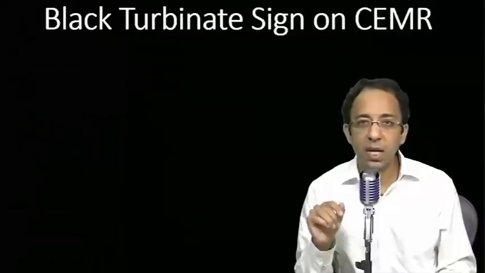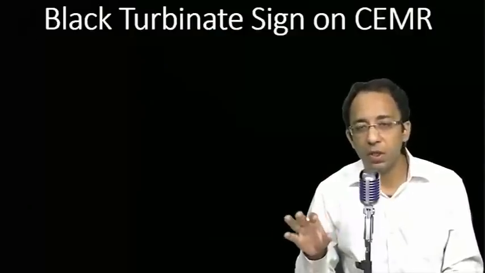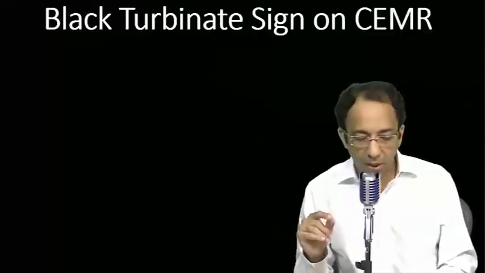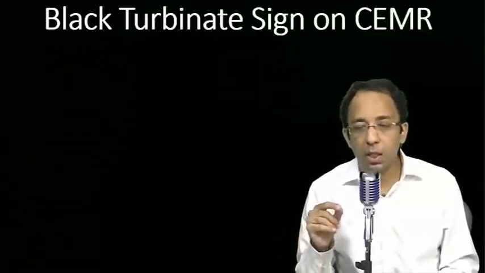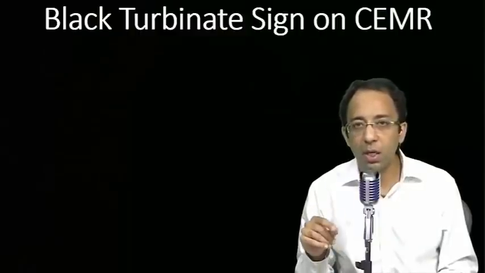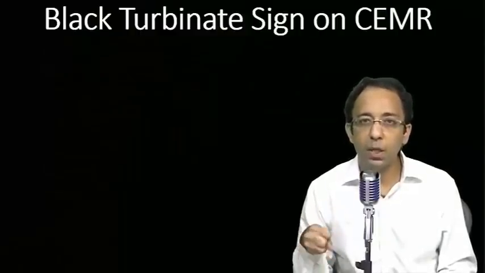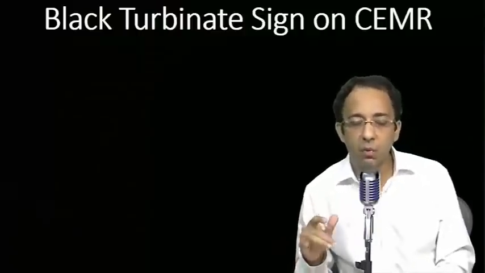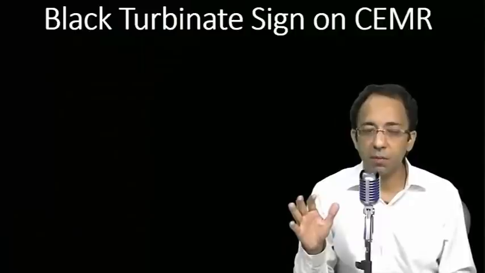Once you are clear, I'll show you one more thing. This is the sign which is catching a lot of attention today, and I think it might be asked as a question in your exams as well. The sign that you need to remember is that the nasal turbinates on a contrast enhanced MRI in mucormycosis may appear dark. So we call it the black turbinate sign. The reason is what I told you in the beginning of the class itself.